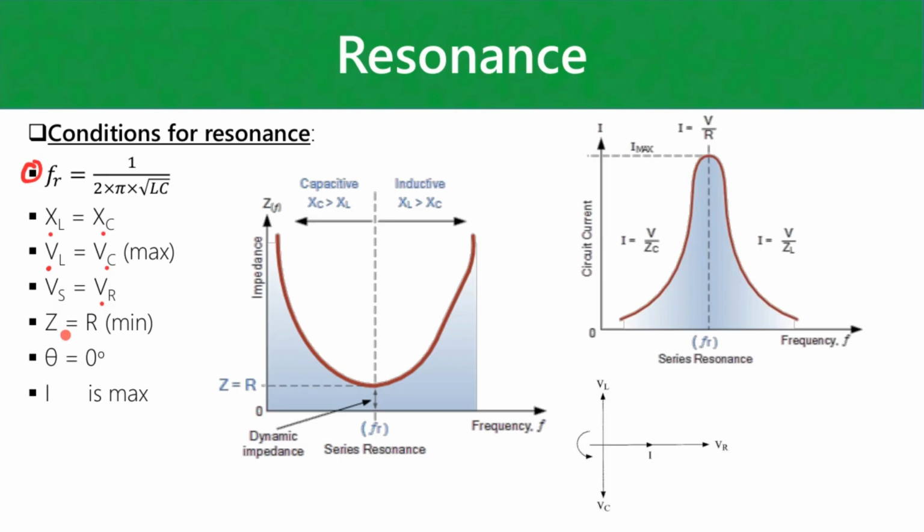Okay, if we take a look at what the impedance will do as frequency changes. At low frequencies, your circuit is going to act like an RC circuit. So it's going to have a leading power factor, leading phase angle, pretty much acting like a capacitor.